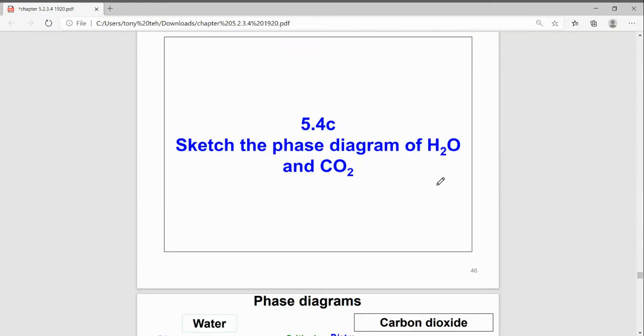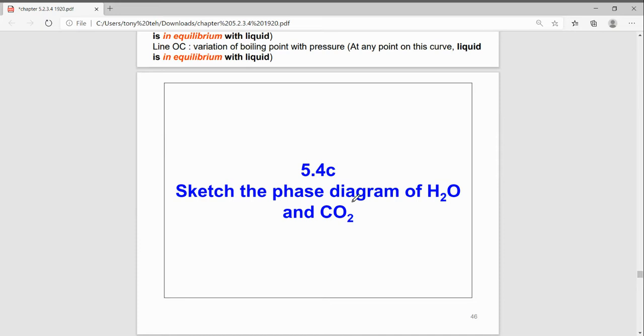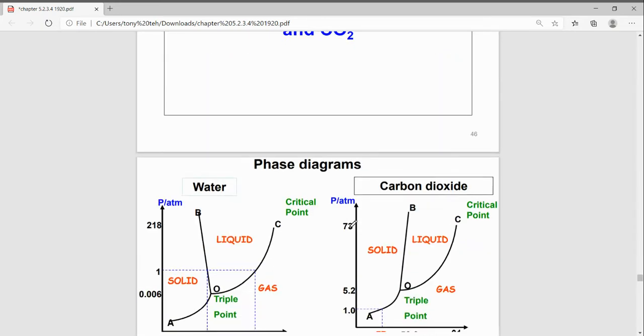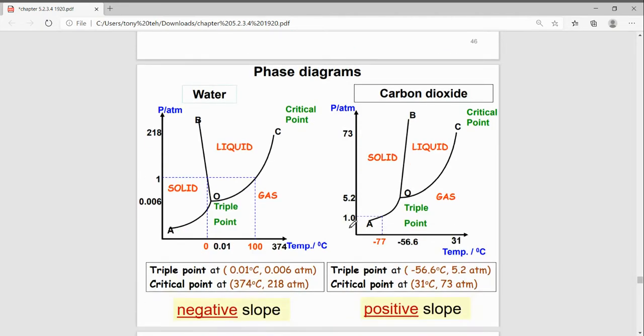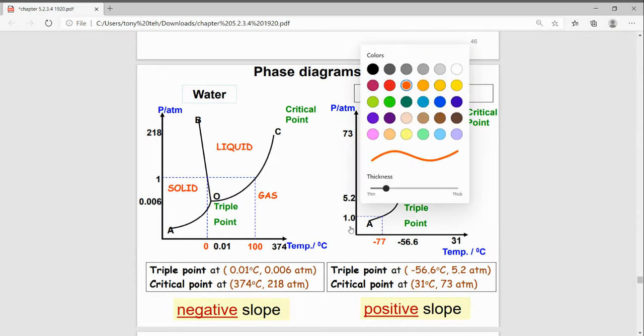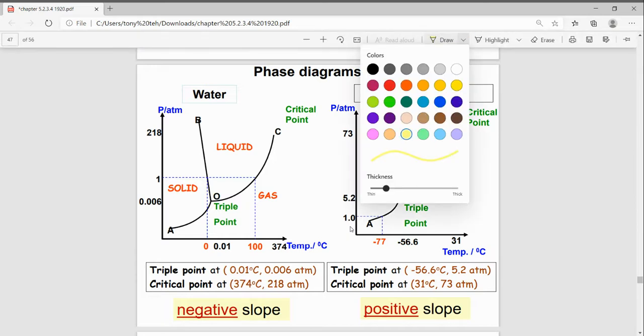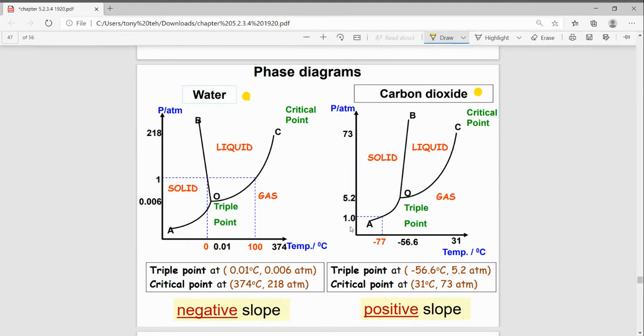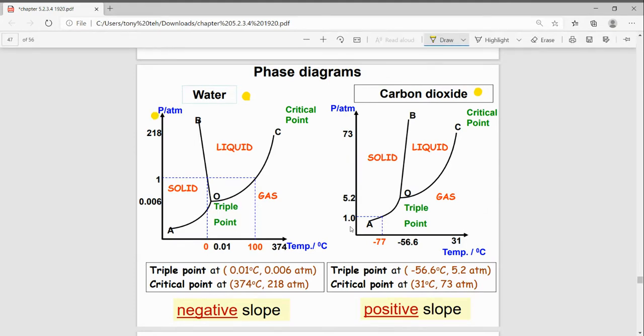Another thing that you need to know is how to sketch the phase diagram of water and carbon dioxide. Something important that you must know how to sketch for water and carbon dioxide is, first make sure you label the axis.